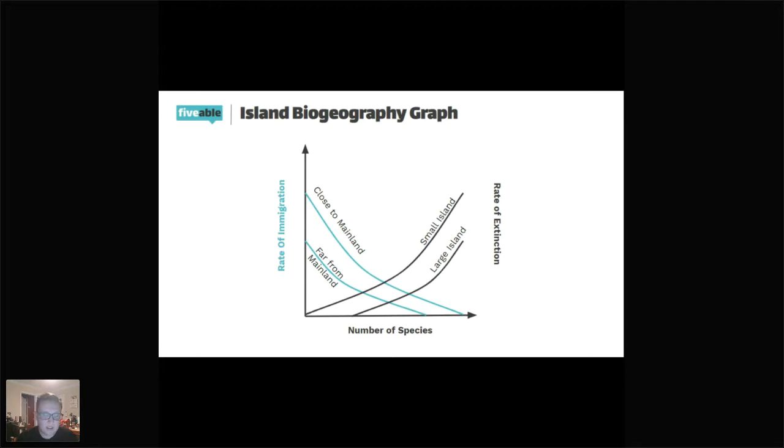All right. Which factor will most likely limit the biodiversity on an Arctic island? A, distance, B, climate, C, size, or D, ocean currents? Which would most likely impact the biodiversity on an Arctic island?